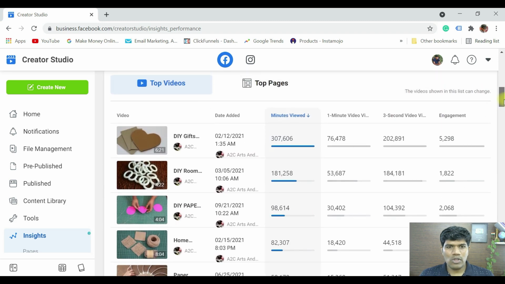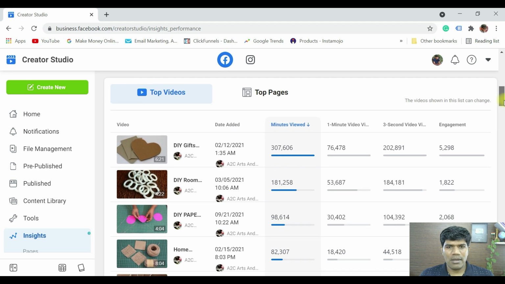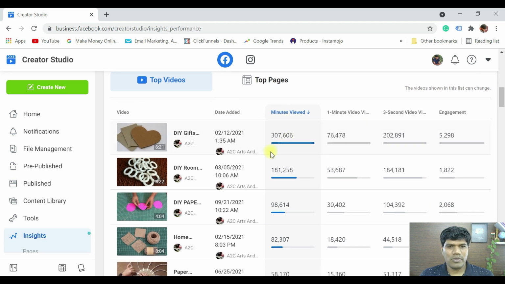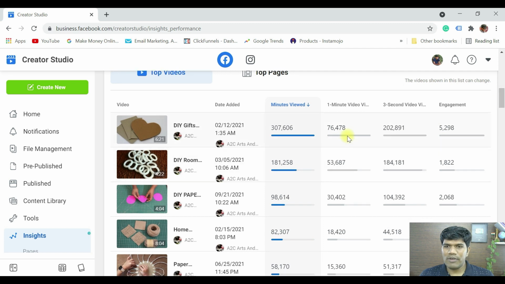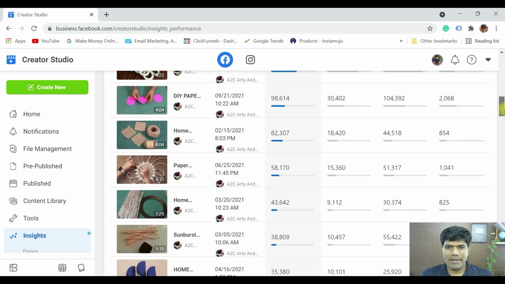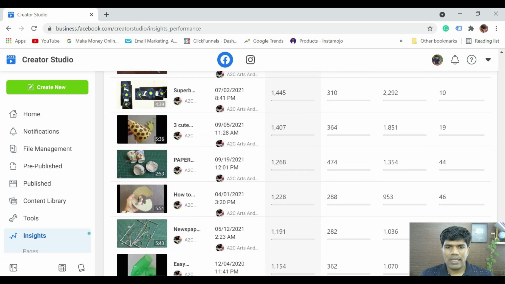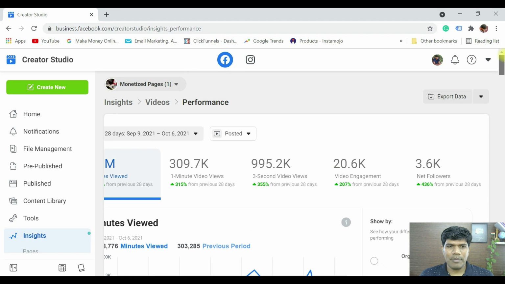Okay, you can also see the top performing videos here based on the minutes viewed. So that's how it indicates minutes viewed, 1 minute video views, 3 second video views, engagements. You'll be able to see everything with respect to videos as well, right? So that's how it indicates in the performance section.